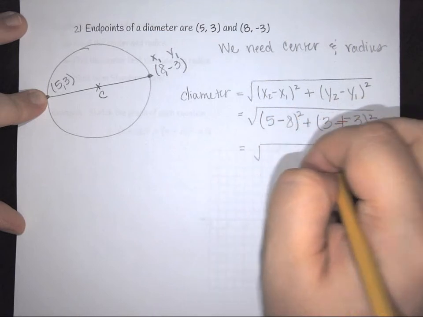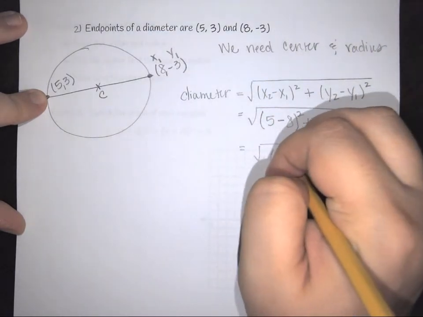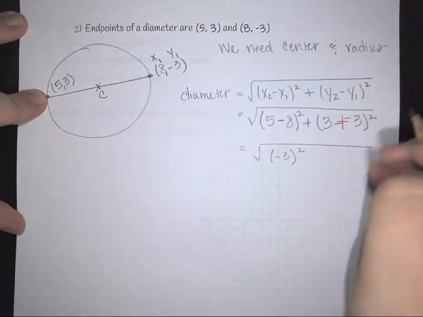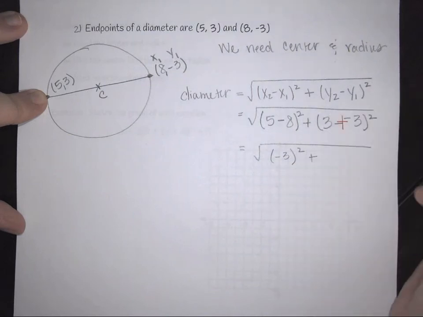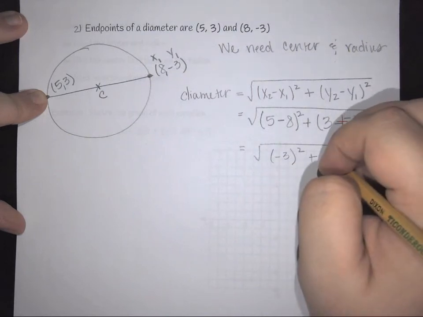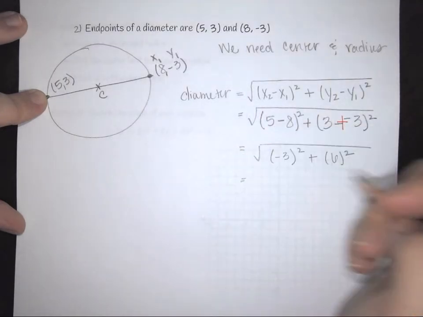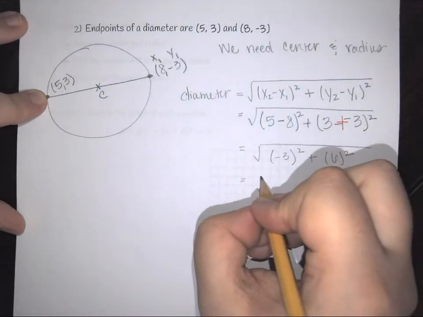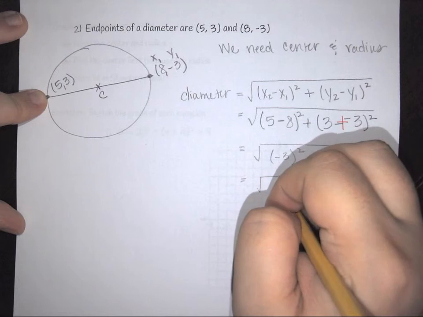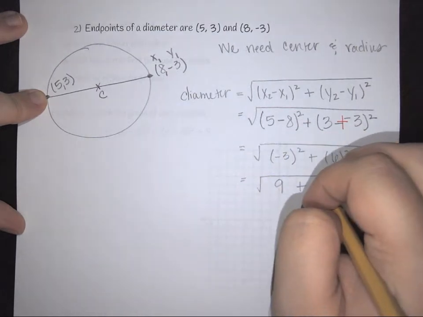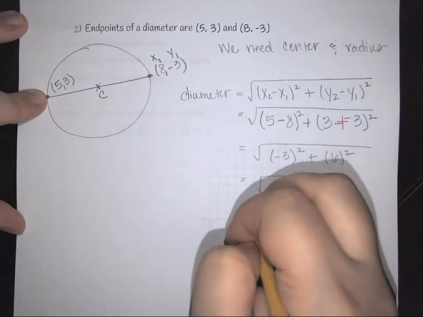So let's look at each. 5 minus 8 is a negative 3 squared, plus 3 plus 3 is going to give you a 6 squared. Negative 3 squared is 9 plus 36.